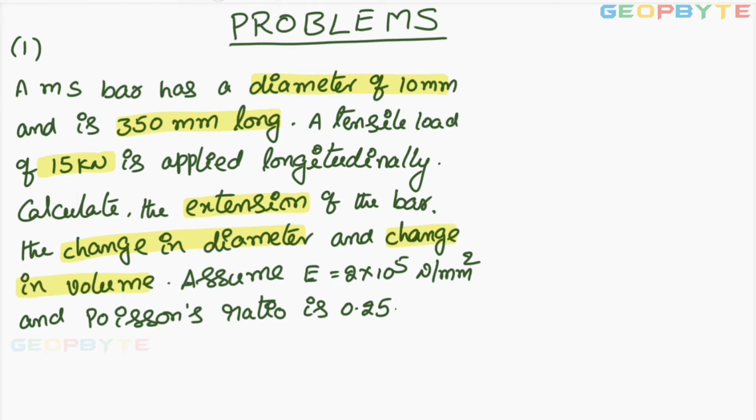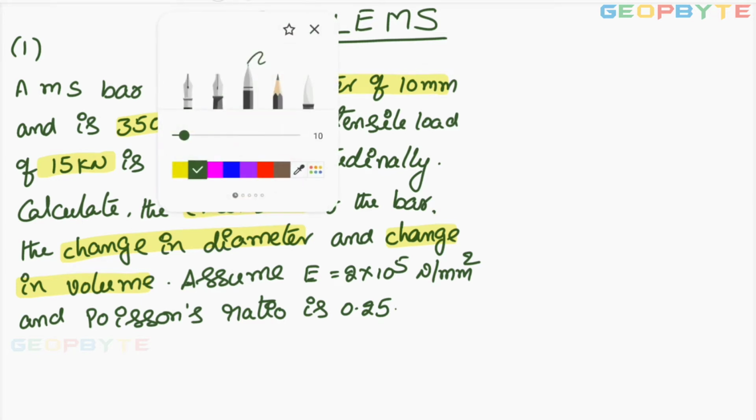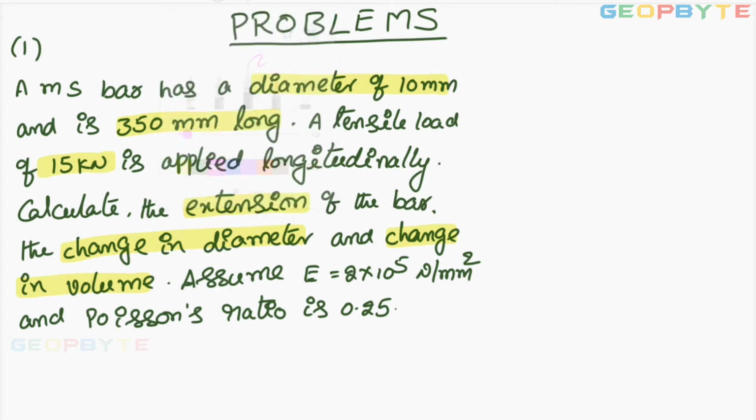Young's modulus E equal to 2 into 10 power 5 Newton per mm square. Poisson's ratio is given as 0.25. So for this problem, let us write the given data.